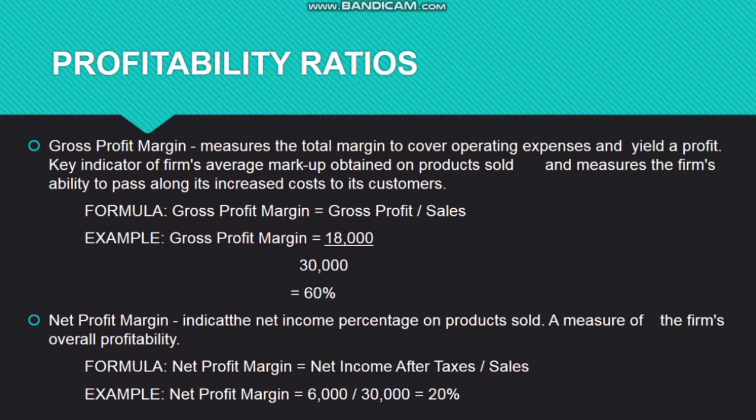So for gross margin, it measures the total margin available to cover operating expenses and yield a profit. And the formula of gross profit margin is gross profit divided by sales. For example, the gross profit margin is equal to 18,000 divided by 30,000, the answer is 60%.